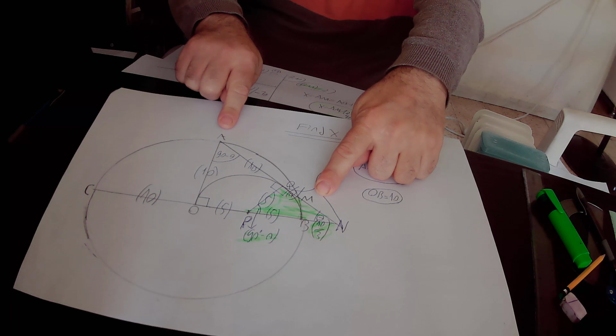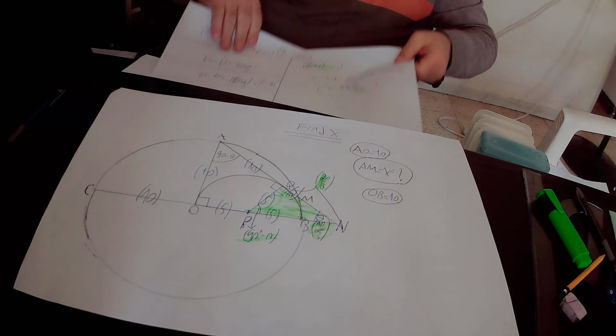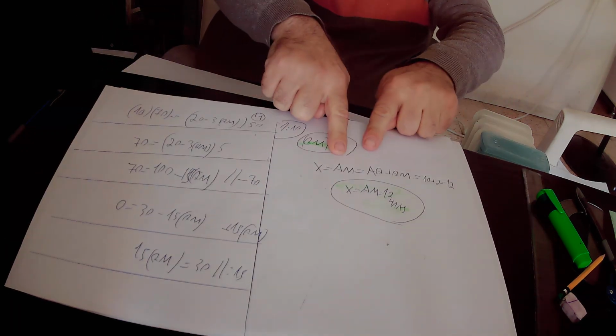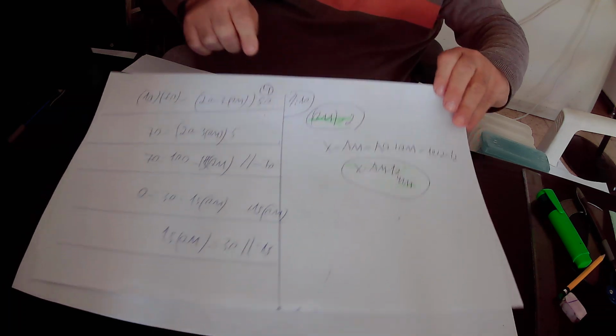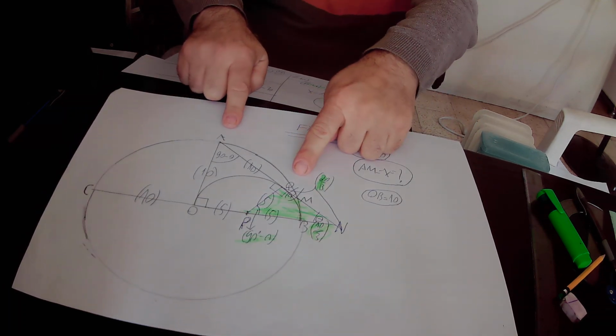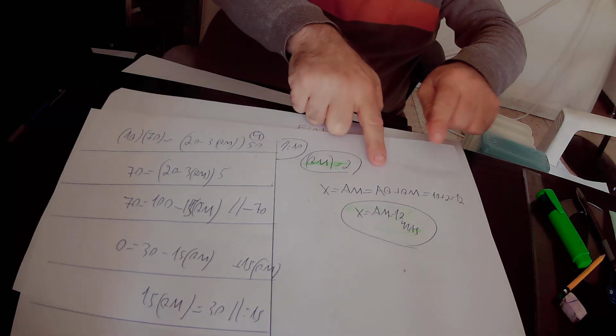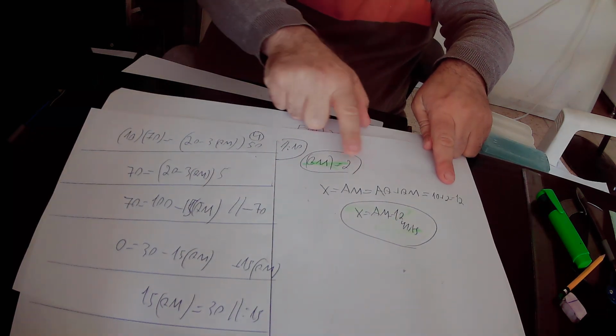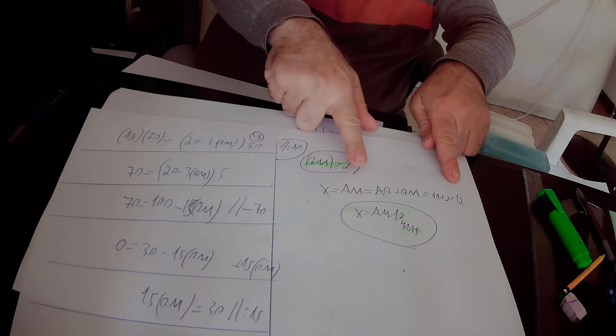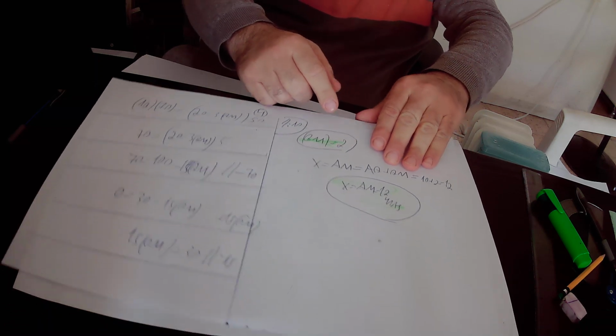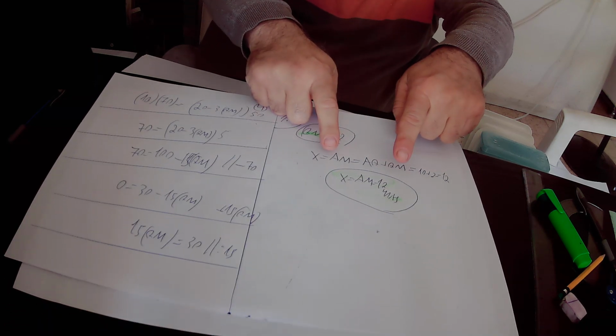AQ is 10 and QM is 2. So in total, AM equals 10 plus 2, that is 12. So actually we found that x, that is equal to AM, equals 12 units in length.